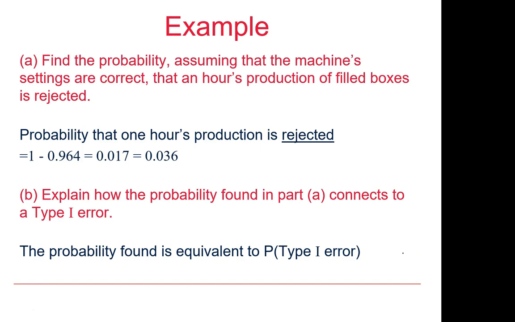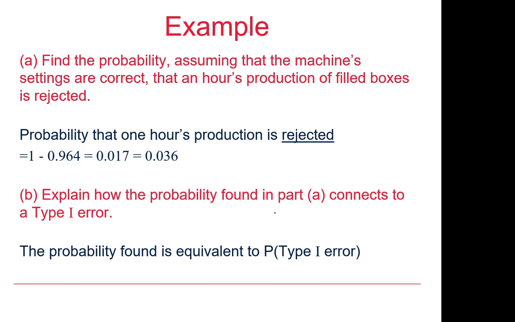So people who are working in the factory are not expected to understand hypothesis testing. So they are simply given some rules in terms of when they accept and when they reject an hour's production. And they were told that they had to accept if the mean was between 970 and 1030 grams. Otherwise they're going to reject.